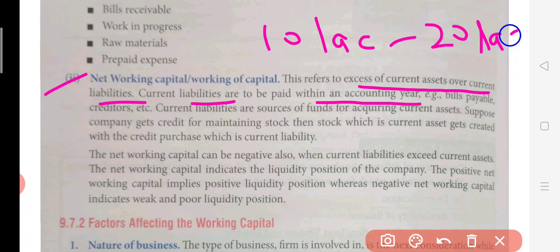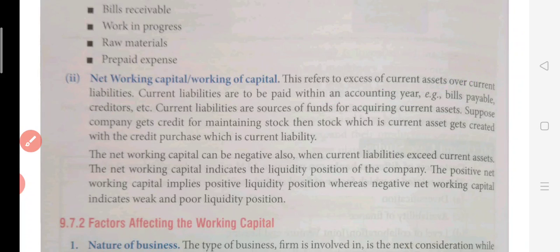Are you in a condition to pay this 20 lakh with your 10 lakh rupees of current assets? Certainly not, as current assets are less and liabilities are more. This will be minus 10, which means you will not be able to pay. This shows the poor liquidity position of the company, meaning the company has very little cash to pay its current liabilities. So net working capital is seen like this.